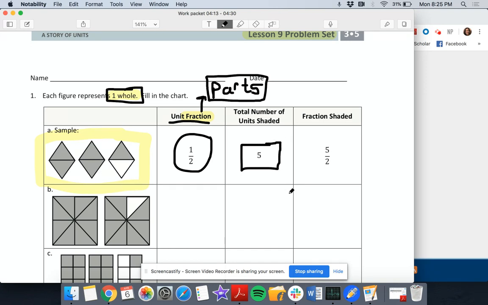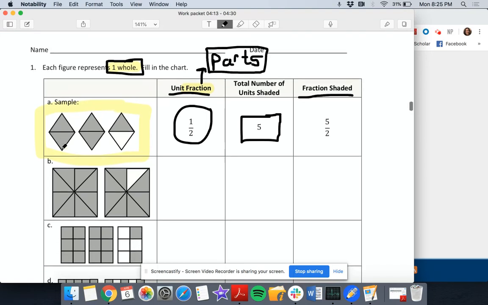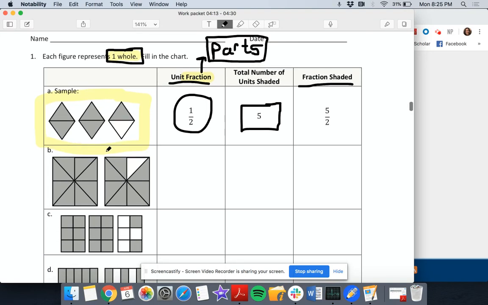So that means in fraction form, we have our numerator be 5, the number shaded, above the denominator, which is 2. And the denominator is 2 because that is the total number of equal figures in each figure. Okay, let's do another example problem and then you guys should be all good to go.